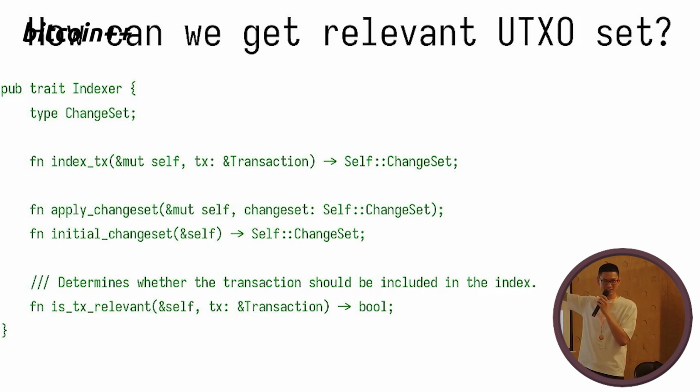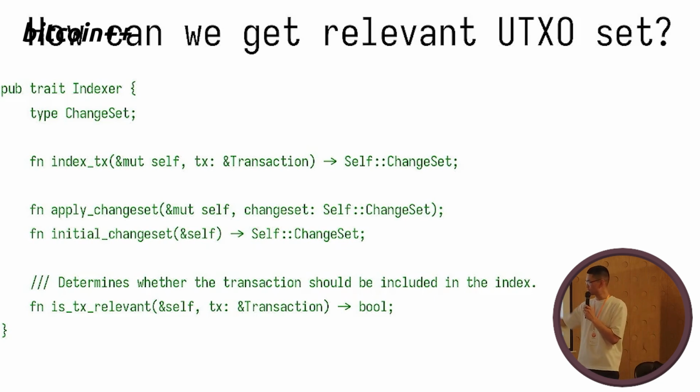There's another cool property about BDK. Every structure in BDK has something called change sets. So, it's quite open-ended. What it means is the change set is what is persisted. You have the structure, you apply updates to the structure, and anything that changes in the structure is emitted as a change set, and you just persist the change set.